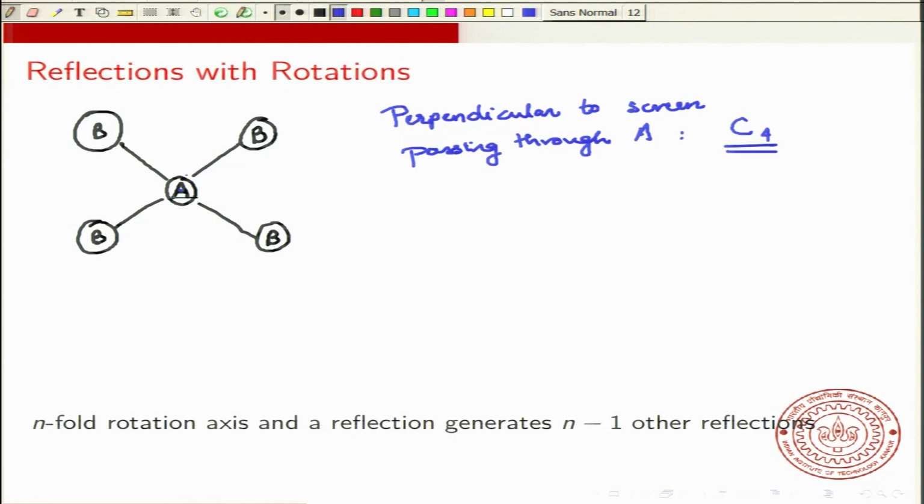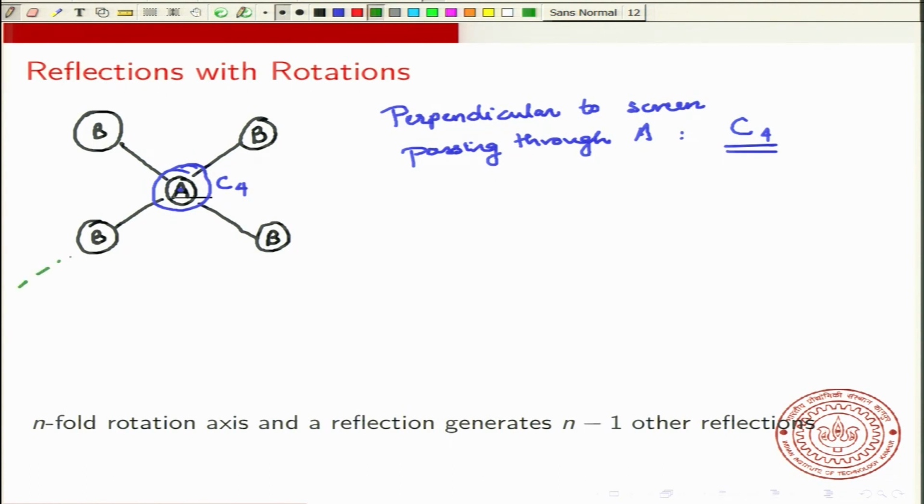and let me show it in this notation. I will put a dot and I will put a circle around this. So this is your C4 axis. You should remember that it is actually perpendicular to the screen of the paper, and it passes through the point A. We also notice that there are various mirror planes. I will just show them in a dashed line.